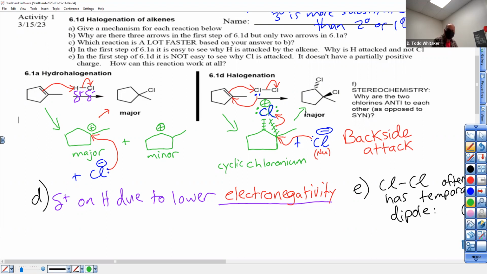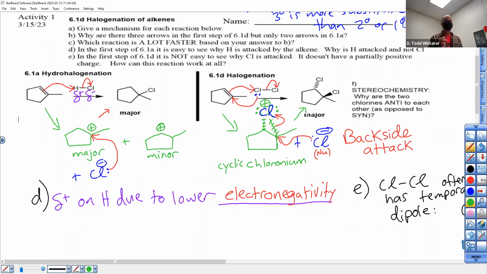What's that mean, backside? It means if I have an atom here bonded to another atom back here, the backside of this bond is exactly here, 180 degrees away from the bond. What's 180 degrees from a dash? A wedge.